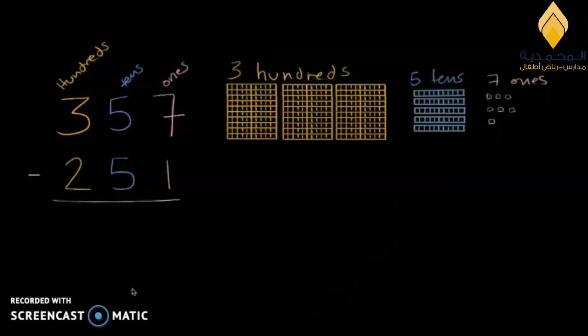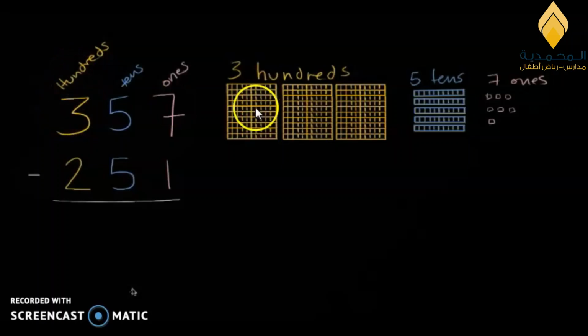Let's take an example to understand the meaning of subtraction. For example, if we have 357 minus 251, what does that mean? Listen, start with the hundreds. We have 3 hundreds.